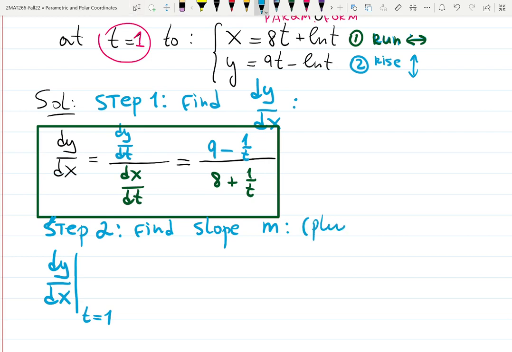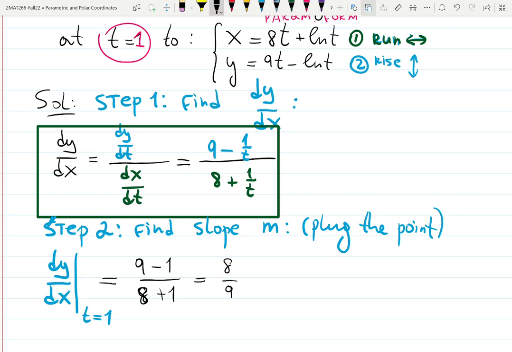So plug in the point, and the point is given with t. t is given, not x and y. So we plug into the derivative (9 minus 1) over (8 plus 1), which is 8 ninths. Does it make sense? So that's the slope.